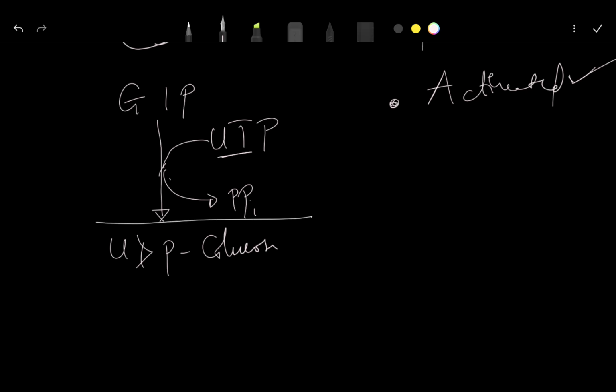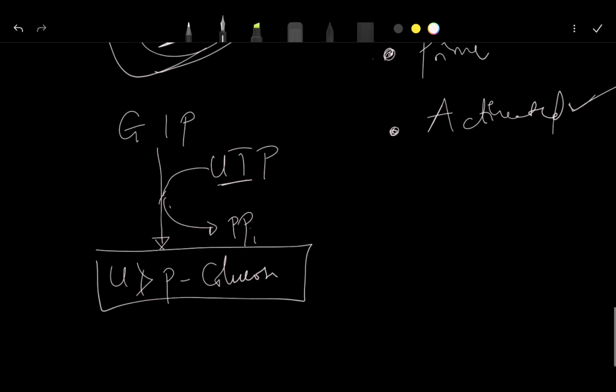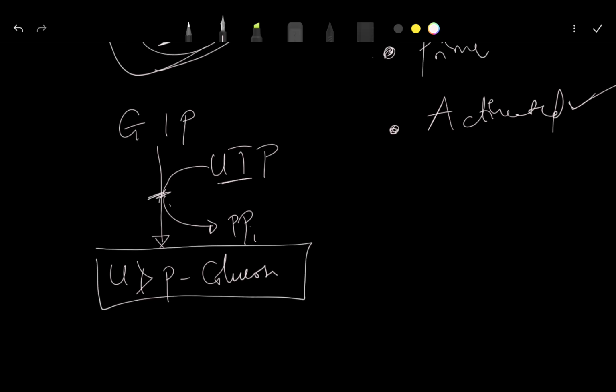So now that you've gotten UDP glucose, there's a particular enzyme that does this reaction. The enzyme is called UDP glucose pyrophosphorylase. Let me just write it here.